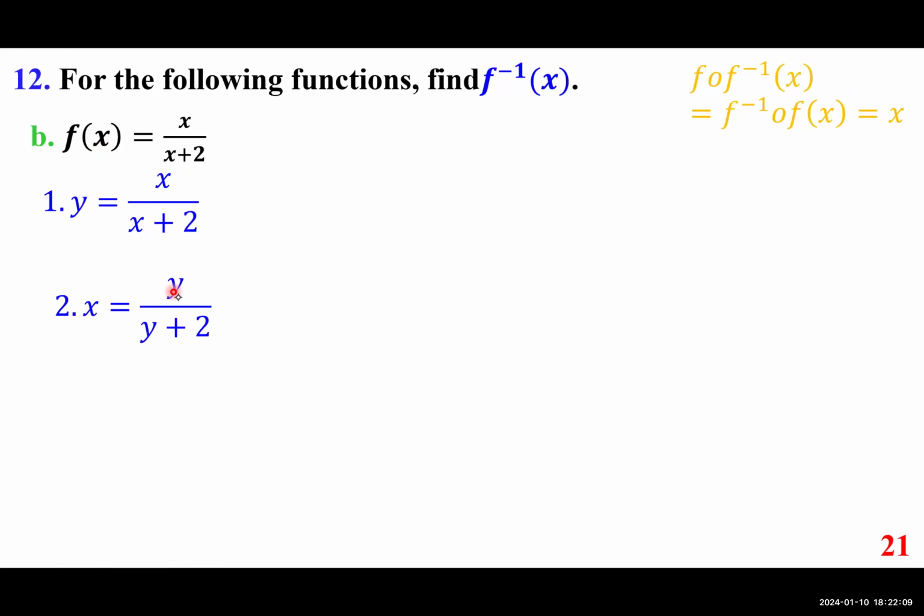And again, right here, you do have the inverse. However, we are going to solve for y, which means I'm going to do the cross product. I'm going to multiply this 2, and I get xy plus 2x, and I'm going to multiply this 2, and I get a y. Remember, I want to solve for y. Since I want to solve for y, I'm going to move this to the right and make it minus xy.